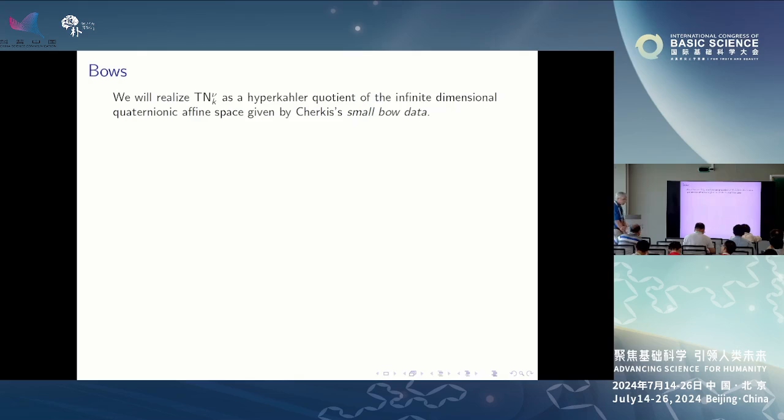Okay, so that was the geometry of the space, but now we need to understand it as a moduli space too. So to understand it as a moduli space, we go to Cherkis's bow construction.